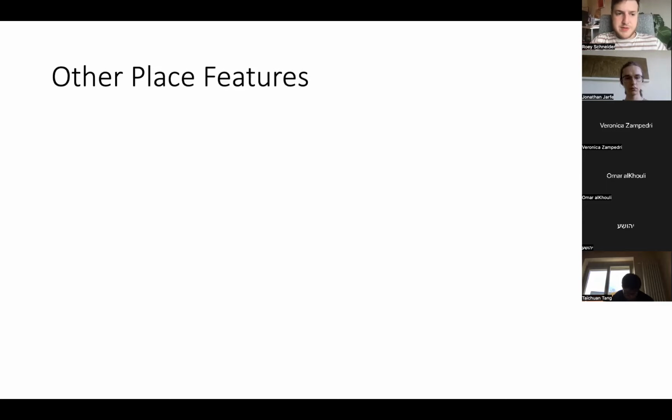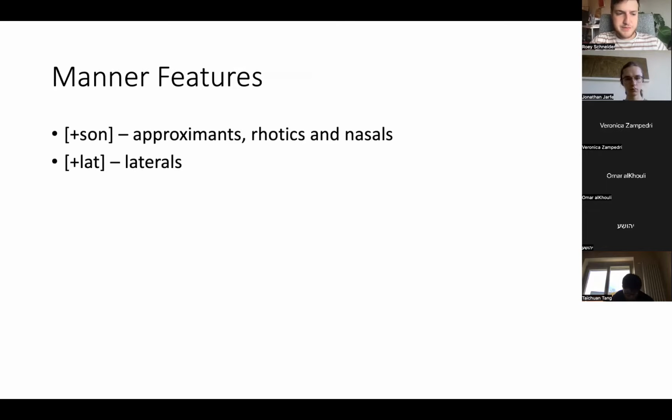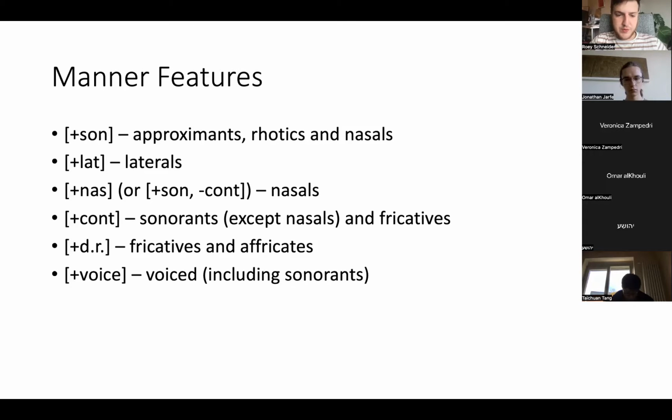Other place features: palatalization, anteriority, distributedness, and manner features. All of this is very, very technical, so you don't have to understand this or to know this, but the distinction between sonorants and obstruents is important.